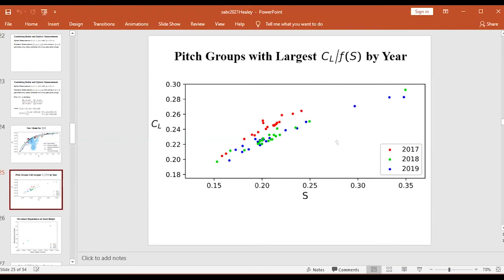And then the 2018 points are next highest, and then the 2019 points are the lowest. And we separately fit our model to each year. And we found that there was a different scale factor that lined up as we would see the points here. It's highest for 2017 and smallest for 2019.